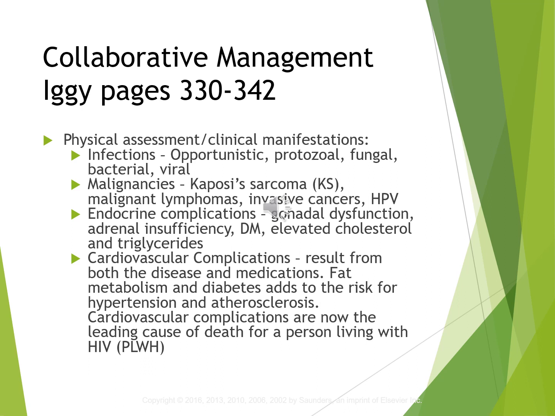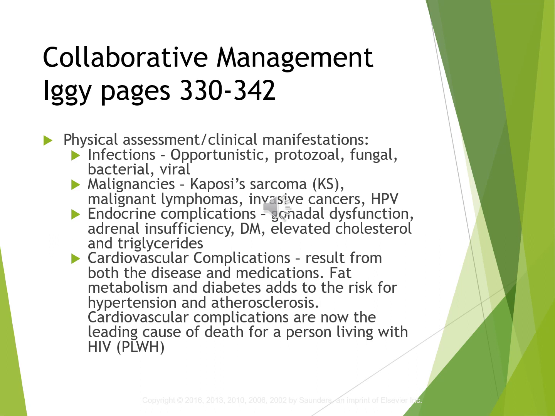Metabolism may change, and diabetes also adds to the risk of hypertension and atherosclerosis, which kind of makes sense if I've got endocrine problems managing diabetes, as well as if I have increased cholesterol and triglycerides, those fats. Those are two things that lend people to the development of cardiovascular disease.